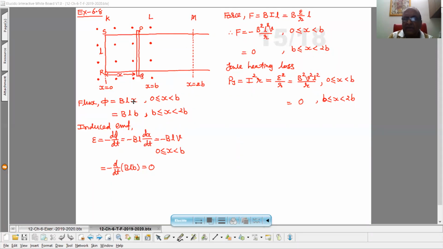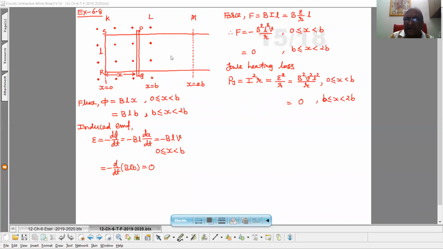And now this equation for the flux, that is valid up to b, as this x changes. Here we have to change this x, that is changing from 0 to b. So when the rod is moved from RS to b, the flux is changing as per x. But when it reaches at b, the flux associated with the loop, that is BLb.